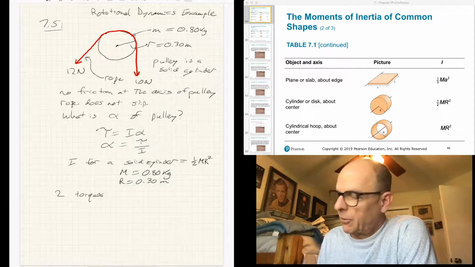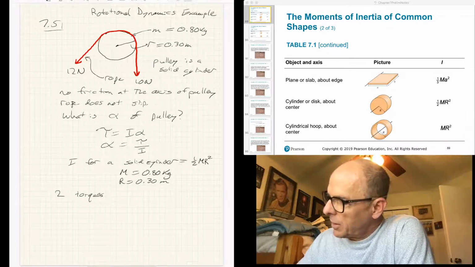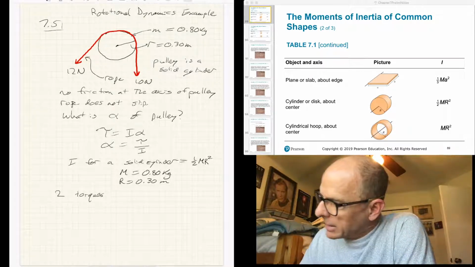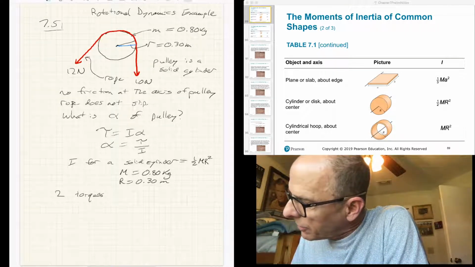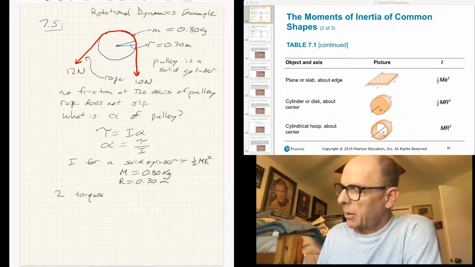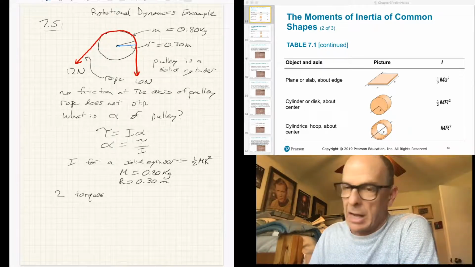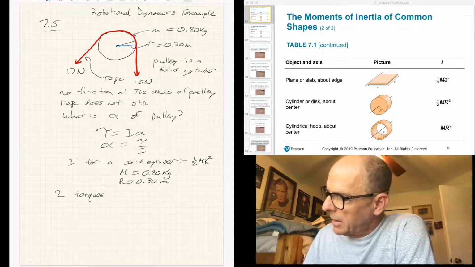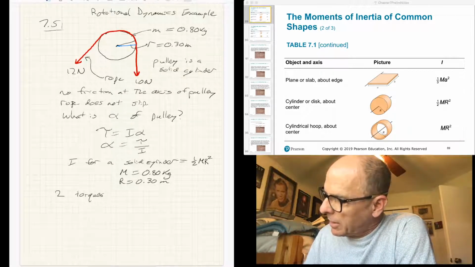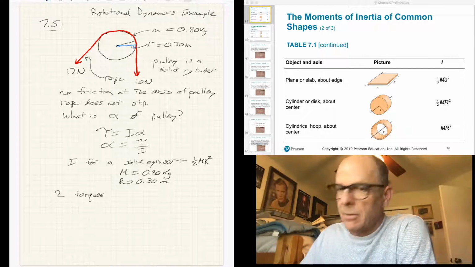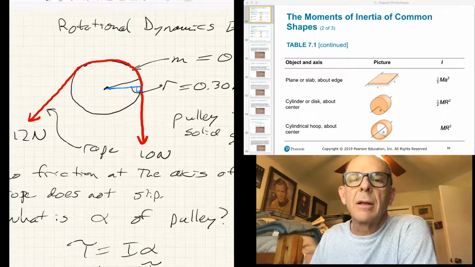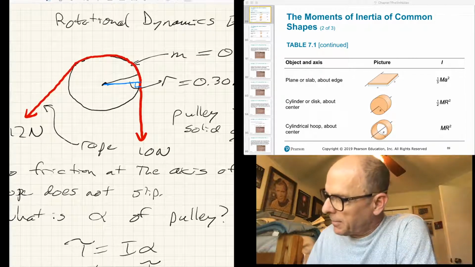And because this is a rope, we know that the point at which the rope is pulling on the edge of that pulley is where it loses its contact with it. And so at this point here, that's a right angle. Okay? And you can see that. That's a right angle there.